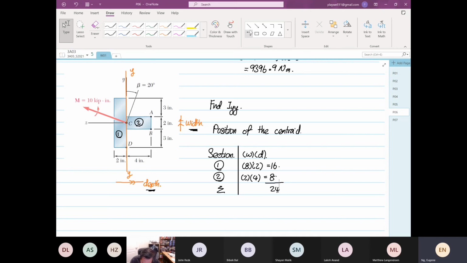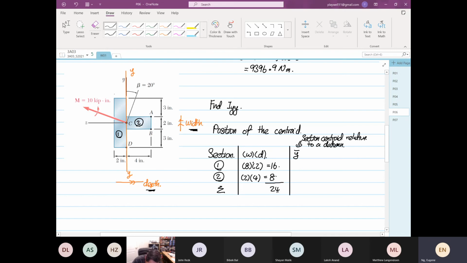Okay, so the next one, all right, the next one is your Y bar. So the Y bar is the individual or the section centroid, okay, relative to datum.